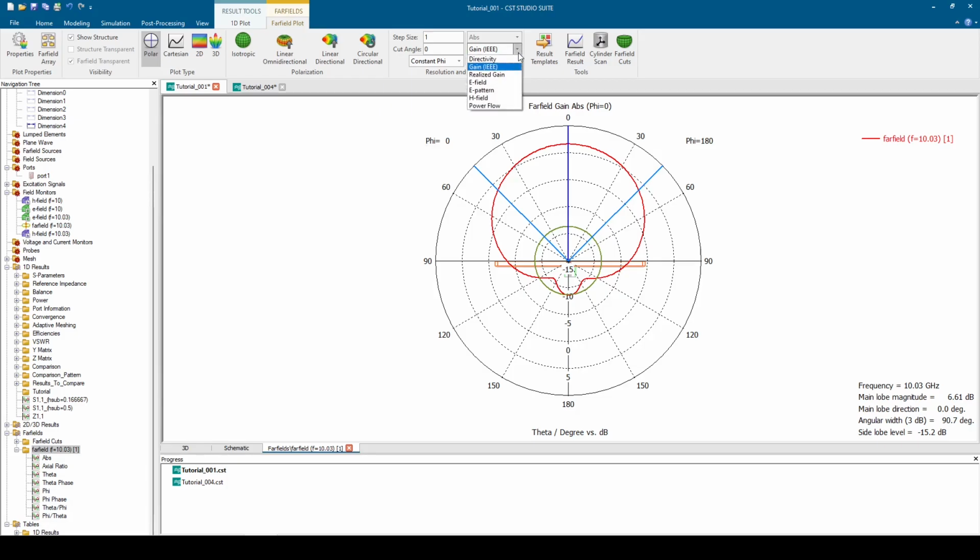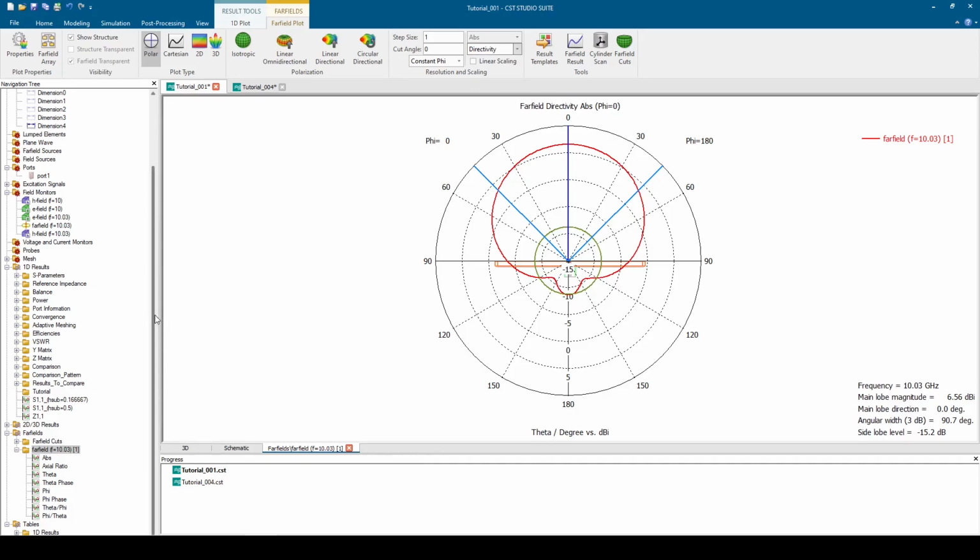Okay, so in this case, there is no difference between directivity and gain. Realized gain can be a little bit different because of the matching, but still, if we have no loss, there's no sense in this. Okay, so I will just compare by the directivity, and we can do this for both.